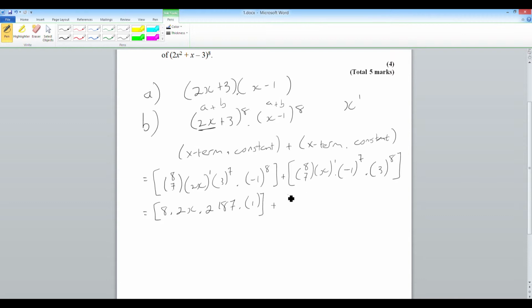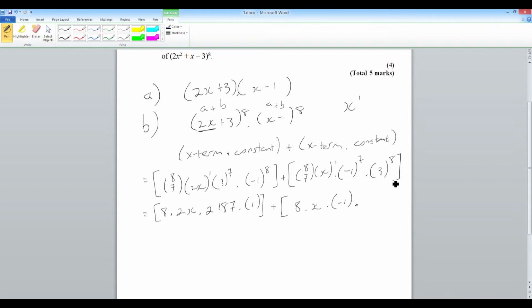This plus, again the combination of 8 and 7, gives me 8, multiplied with x to the power of 1. But here, negative 1 to an odd power stays negative 1, multiplied with 3 to the power of 8, which in this case gives me 6561. And I'm going to close my bracket.